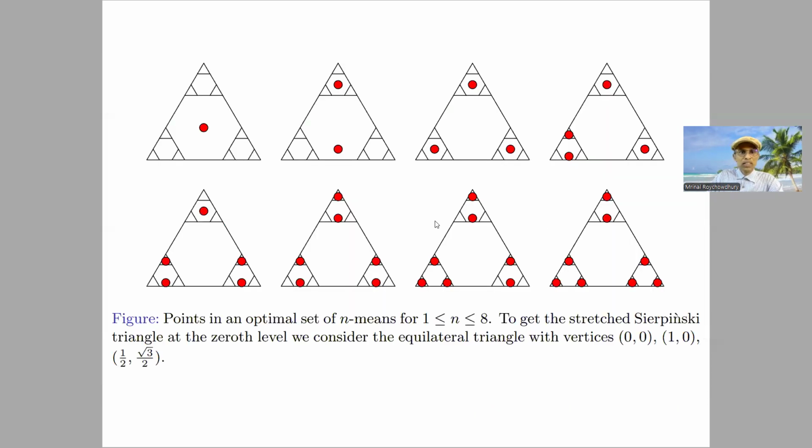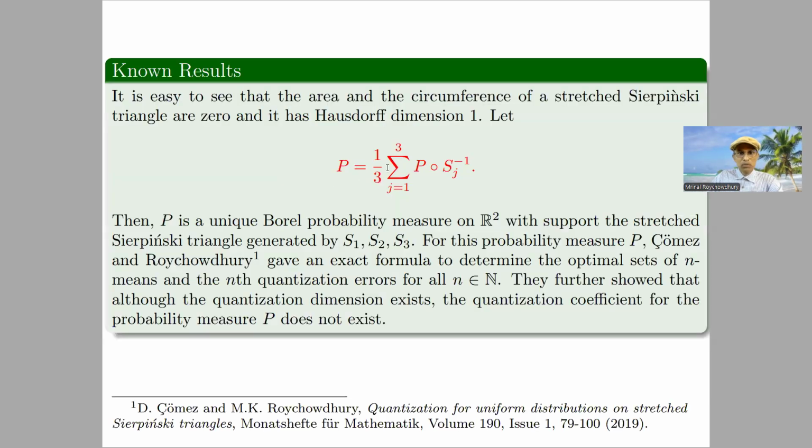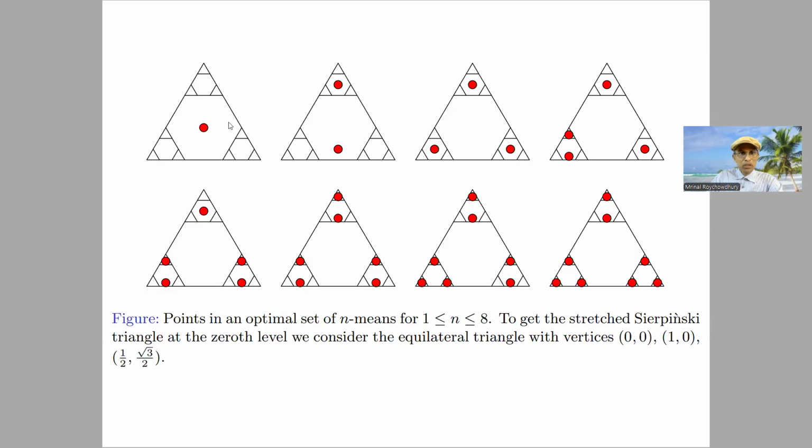They have proved that, remember here, for the stressed Sierpinski triangle the mappings are also homogeneous. That means the similarity ratios are the same, and also P is a uniform distribution because P of the whole triangle is 1, P of this small triangle is 1/3, and P of this small triangle is 1/3.